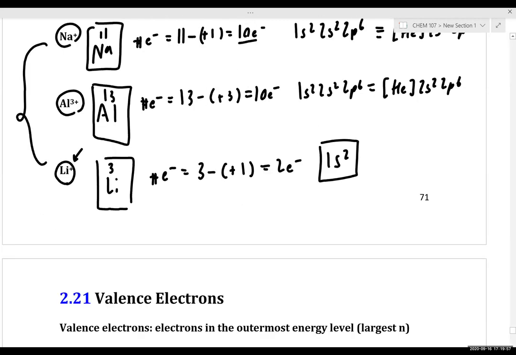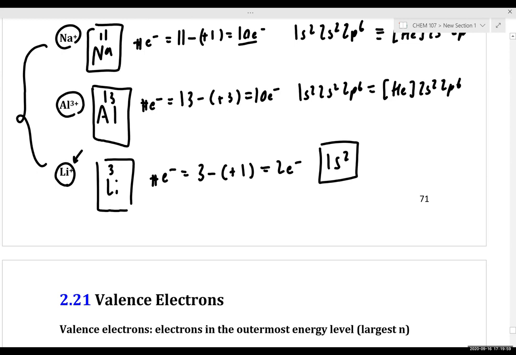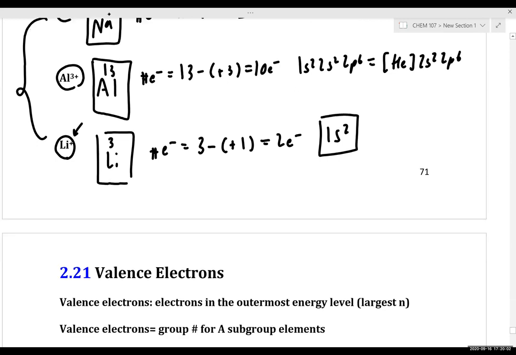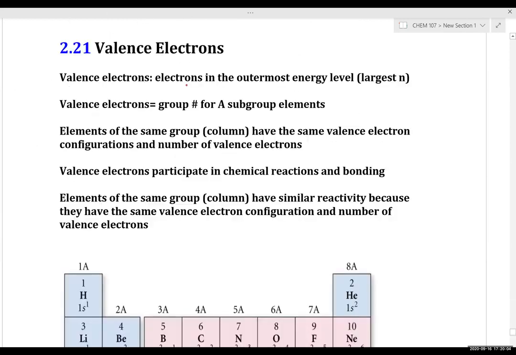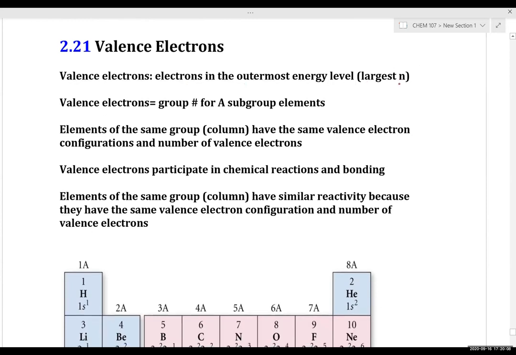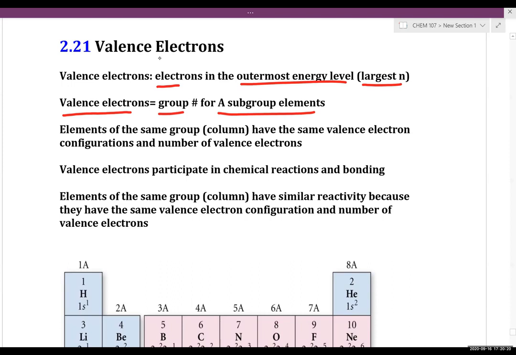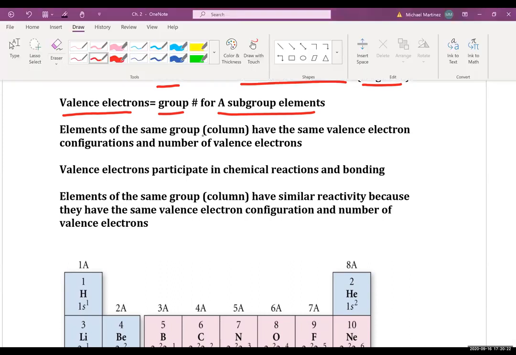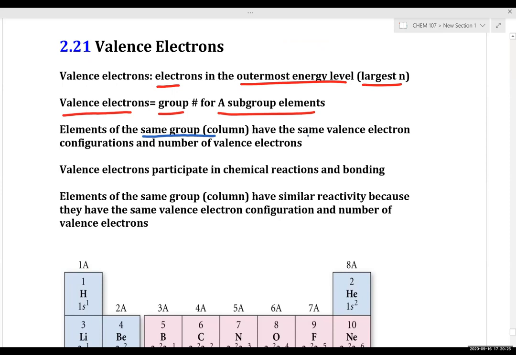Okay, so let's talk about valence electrons now. Valence electrons are best defined as electrons in the outermost energy level with the largest n value. The valence electrons are also equal to the group number for main group elements. Further, and this is really important, elements of the same group, in other words the same column, have the same valence electron configurations and number of valence electrons.